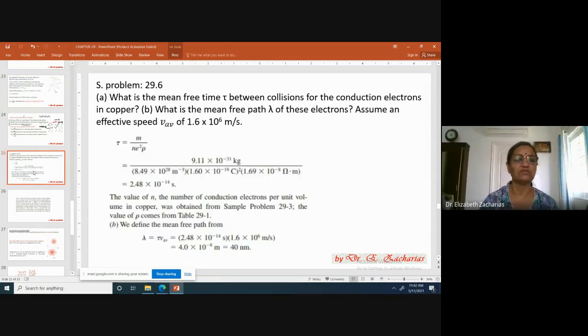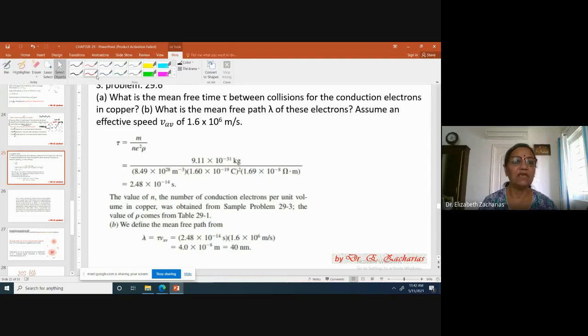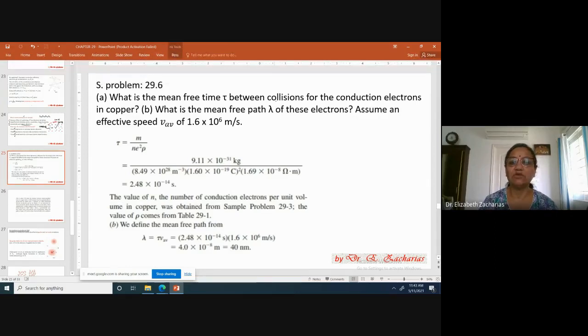Okay. Now using this, we have to do this problem. What is the mean free time between collisions for conduction electrons in copper? So this is your formula. Mass of an electron, you always know it, 9.11 into 10 to the power of minus 31 kg. It doesn't depend on which metal.